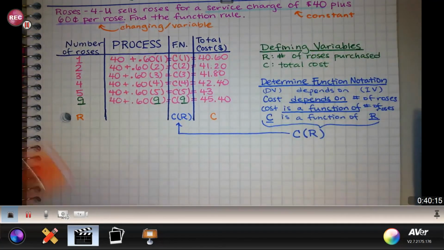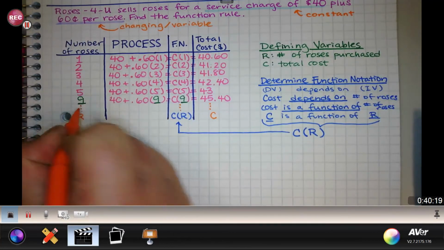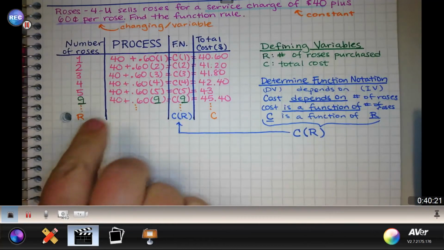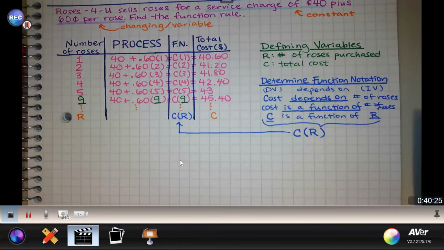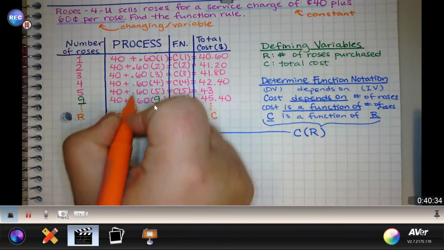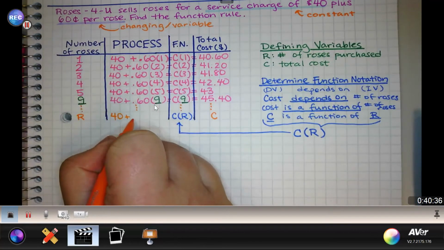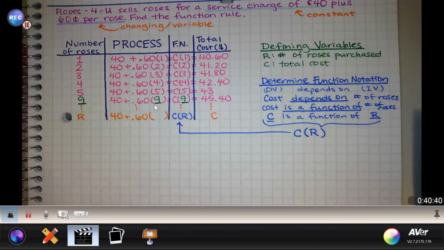Then what happens is we want to go to the generalization. The generalization is the actual function rule, which is what I want to put right here. So we need to use again what stays the same every time and what is changing. 40 stays the same every single time. The 60 cents, 0.60 times something, always stays the same.